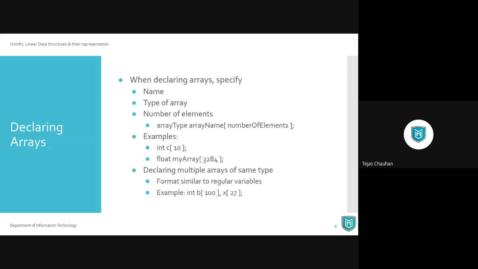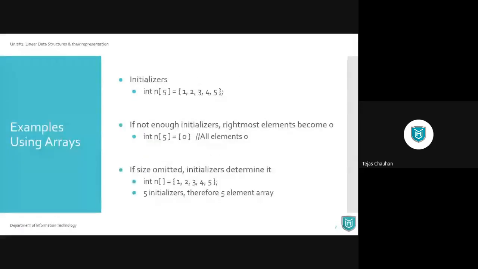So whenever we declare an array, we have name, we have type, data type, we have number of elements, and this needs to be there. You can declare multiple arrays in the same line if they are of the same data type. Then whenever you want to assign values in an array, you can assign those values by using curly brackets, and all the values are separated by commas.